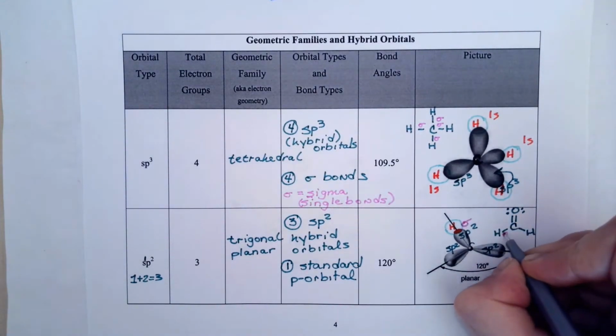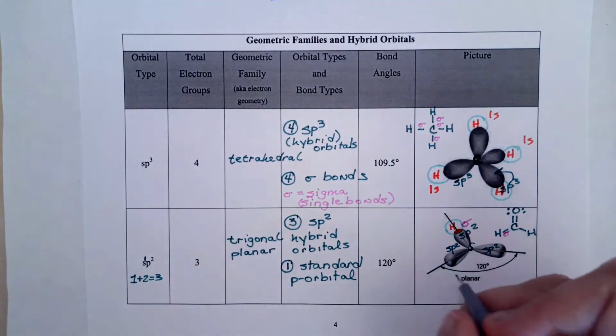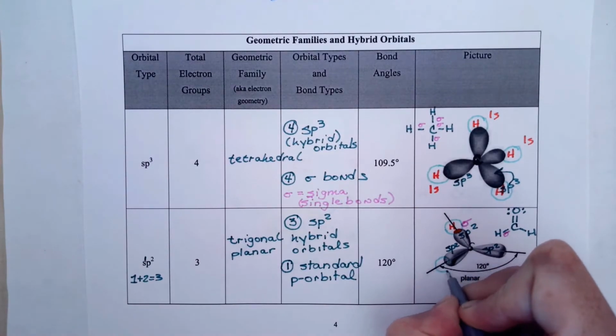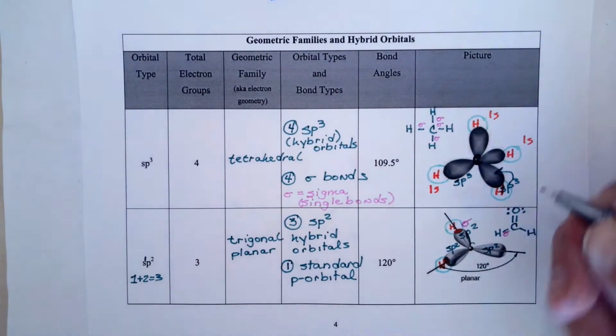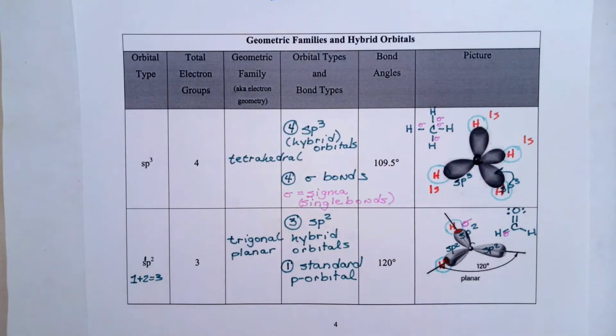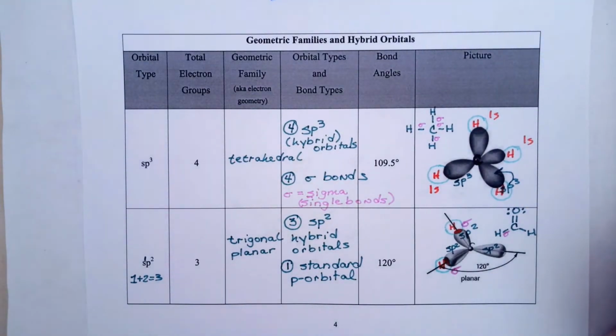And we could also label it sigma over here. It's a single bond. That happens here as well. So that's another hydrogen in its 1s orbital. And there's an area of overlap. And that end-to-end overlap is a sigma bond.